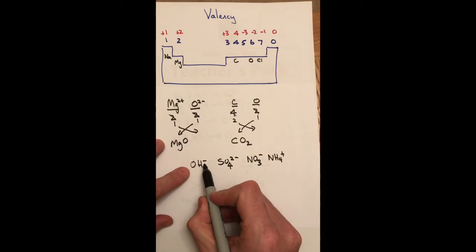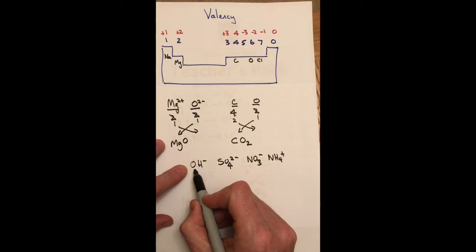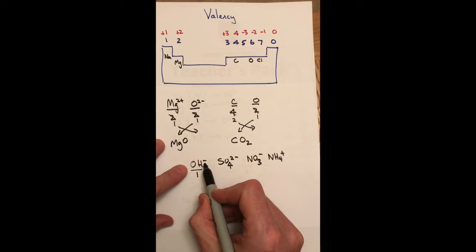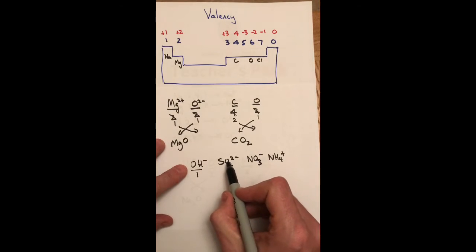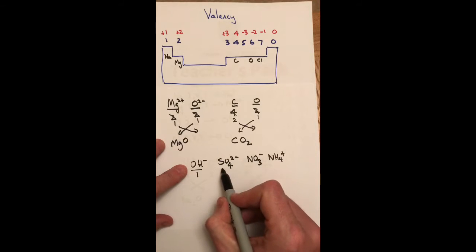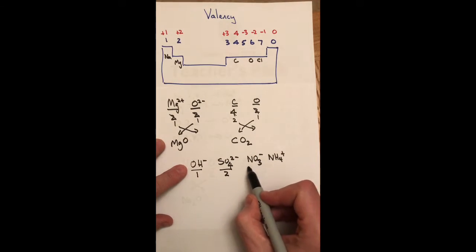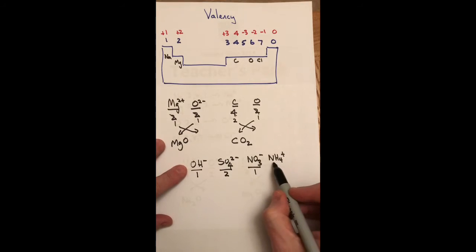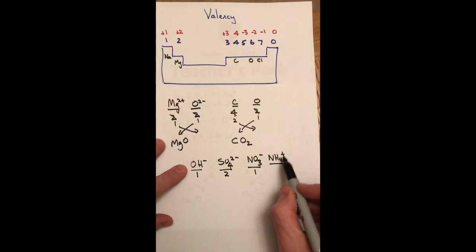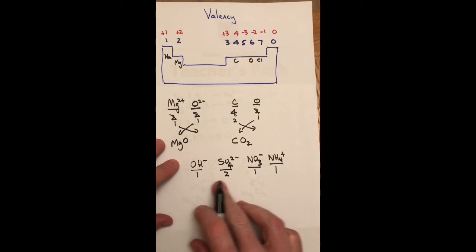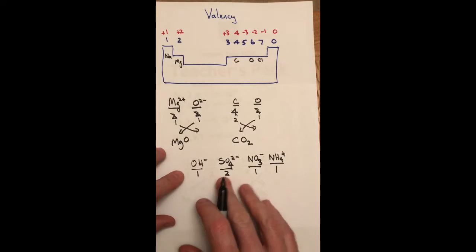But what we have got is the charge. So the valency for hydroxide is 1 because it's a -1 ion. This is SO4 2-, so this valency is 2. NO3-, valency 1. And this is an ammonium ion, NH4, and then it's plus, so it's just +1, so it's just 1. So they're the valencies for the complex ions.